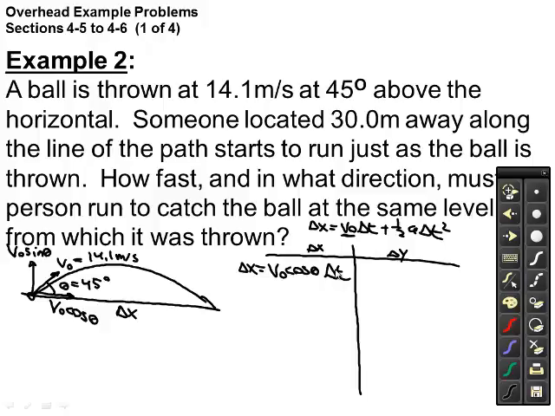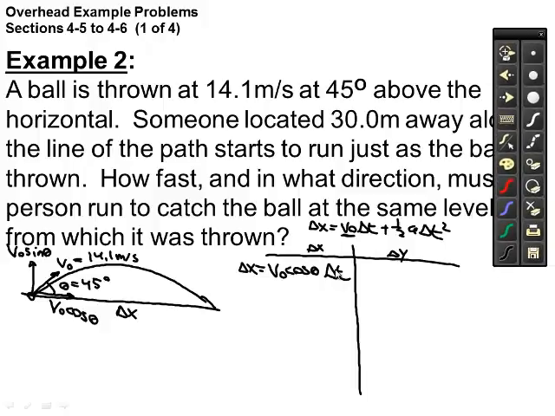Okay, delta y. Delta y is v naught sine theta, because that's the initial velocity in the y direction, delta t minus 1/2 g delta t squared. Did I solve this for time yet? That's where we left off. Okay, so if I'd like to know what delta x is, I need to know three things.